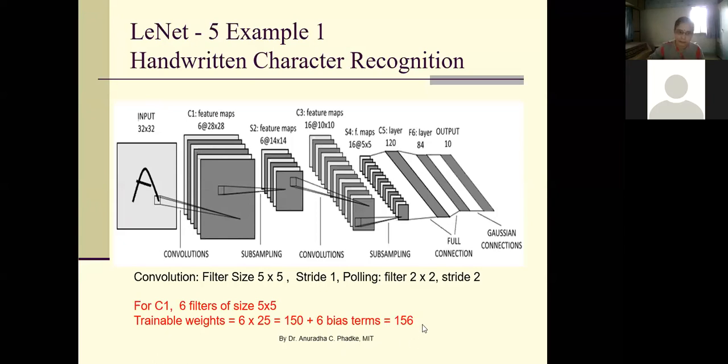Now tell me the trainable weights for your next convolution layer. I am giving you some time for computing trainable weights for the next layer, which is C3. Tell me how many trainable weights are there for layer C3.